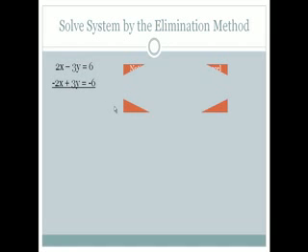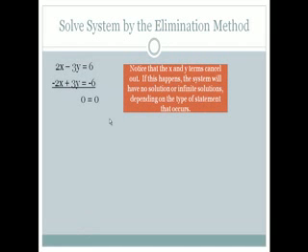So on the left-hand side, we have a 0, and on the right-hand side, 6 minus 6 is also 0. Now, when your variables cancel out, you will not have an ordered pair as an answer. You will either have no solution or you will have infinite solutions. When both of your letters cancel, that is the only time that you could get infinite solutions or no solution.